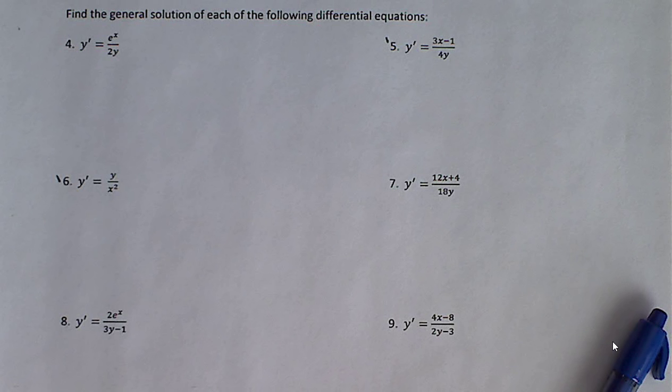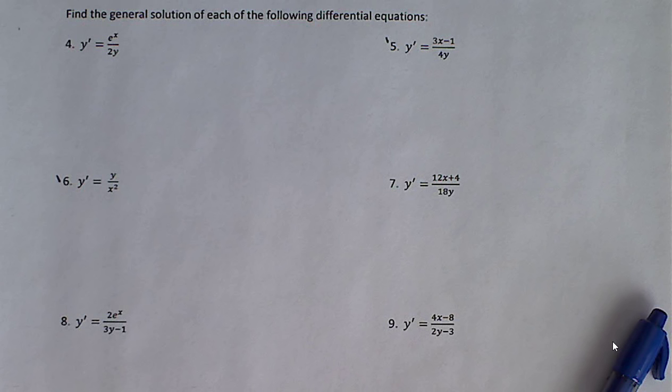Here, the first thing you're going to do, step number 1, according to your notes, is rewrite y prime as dy/dx, which is equal to (3x - 1) over 4y. The next step is to get all of the x's and dx's on one side, and all the y's and dy's on the other side. Because dx is in the denominator, you can multiply both sides by dx, and multiply both sides by 4y.